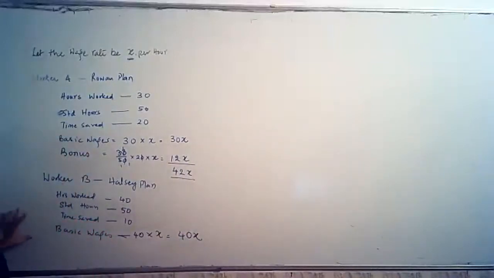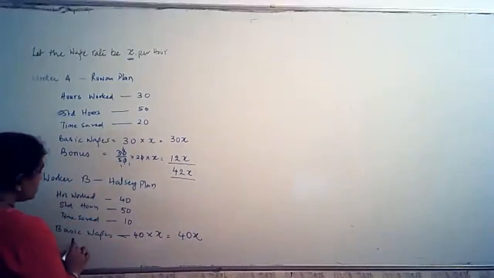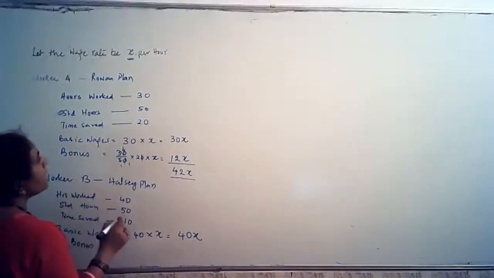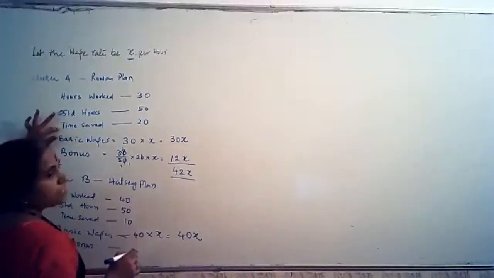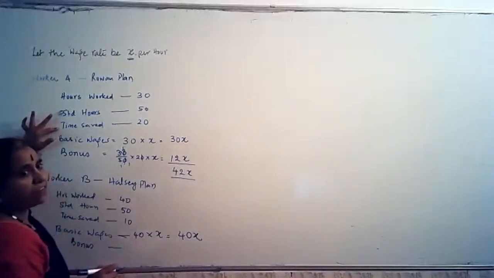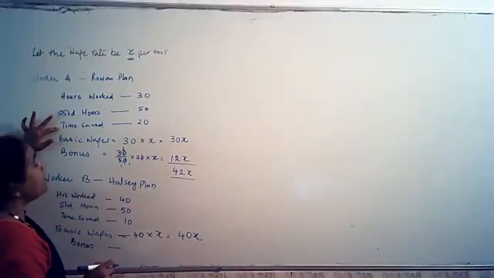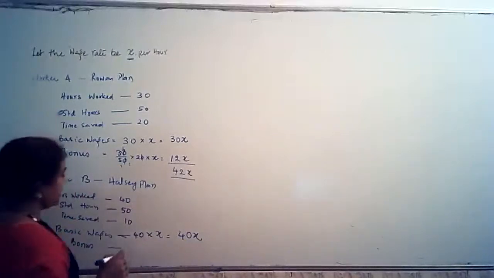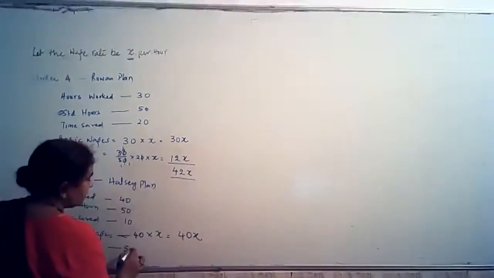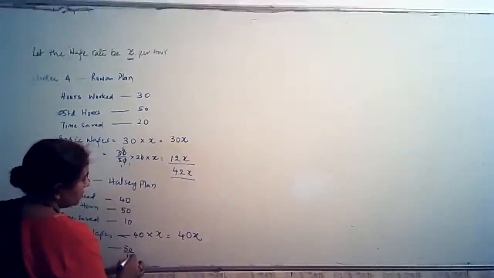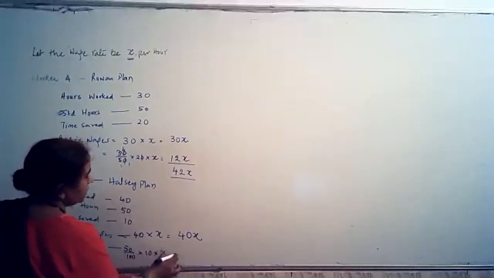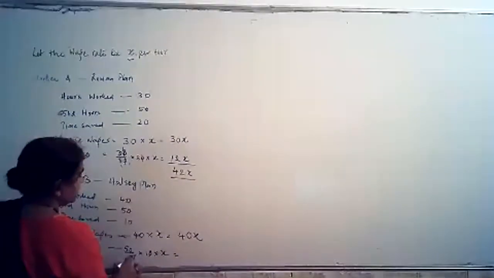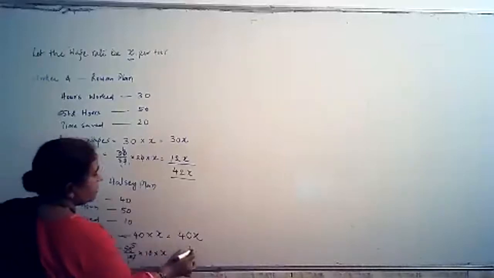What about the bonus? Bonus under the Halsey plan is 50% of time saved into time rate. So 50 by 100 into time saved 10 into x, which is 5x.